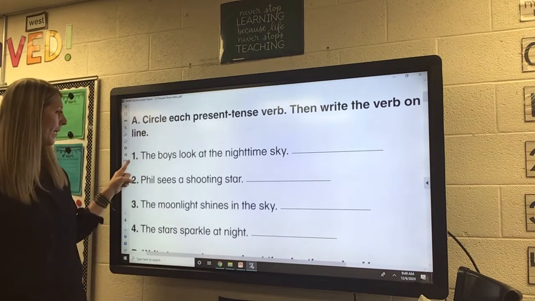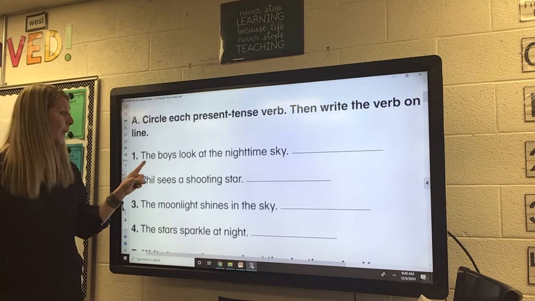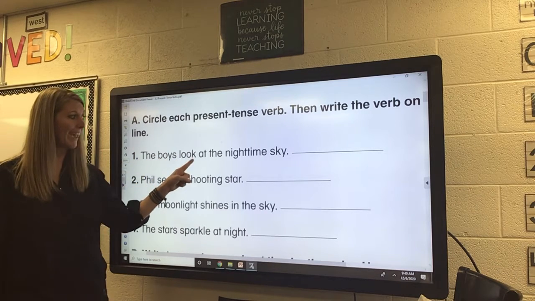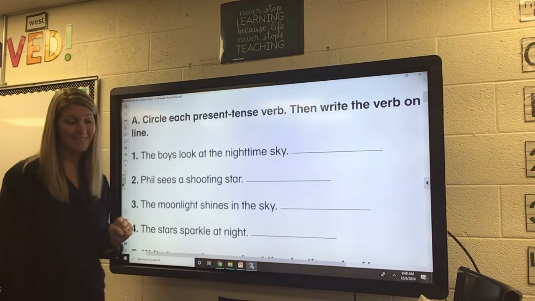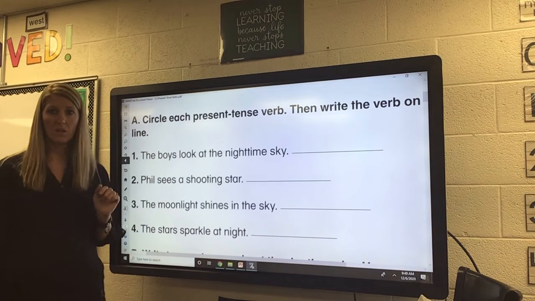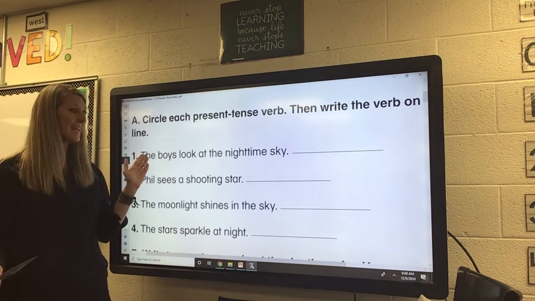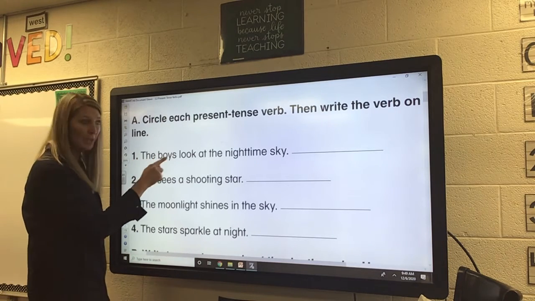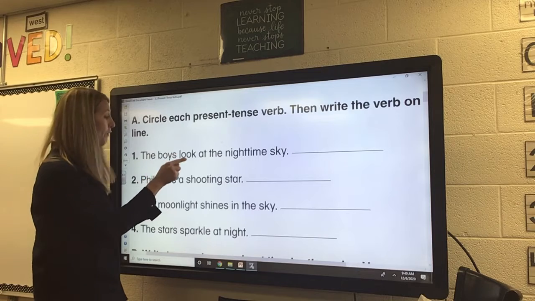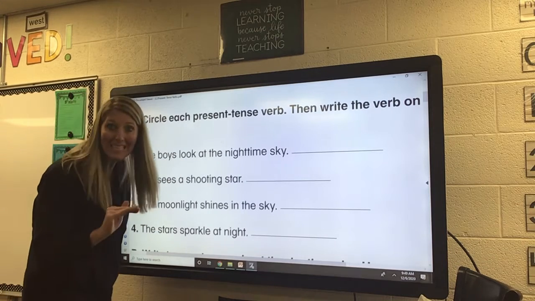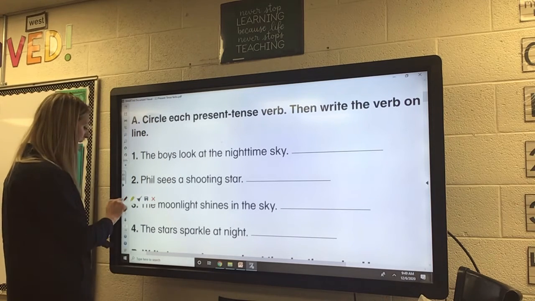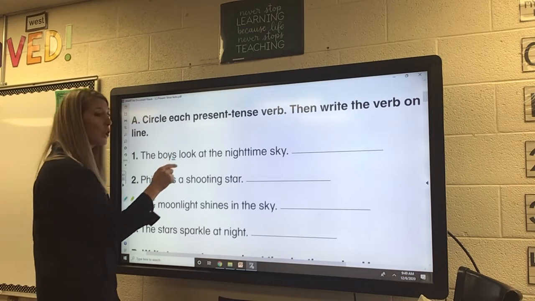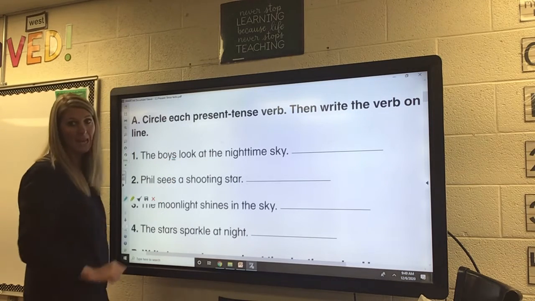So if you look at number 1, it says, the boys look at the nighttime sky. Now think, who is the sentence about? It's about the boys. Now look here, boys is plural. There's already an S there. So your verb does not need to have an S because it wouldn't make sense to say the boys looks at the nighttime sky.